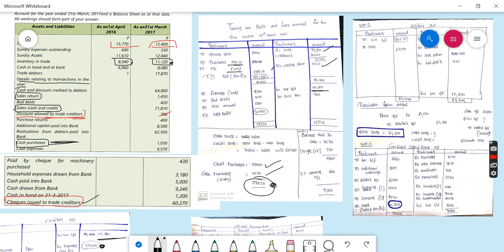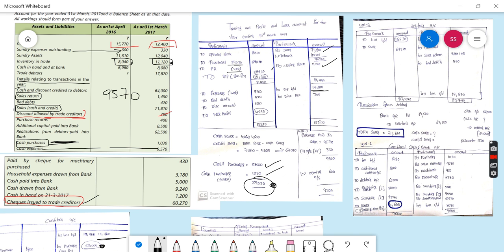Then look for all the expenses in the question. The first one is creditors, which doesn't come in the P&L account, and then sundry expenses outstanding, they gave 600. Look for any other adjustments related to that. Here they mentioned cash expenses. In the P&L account we will consider only expenses related to this year. In total we have paid 9,570, right?